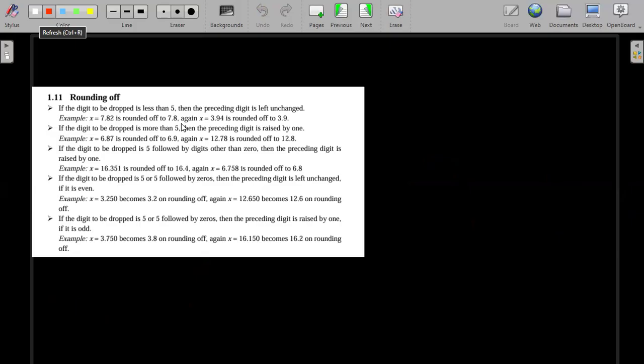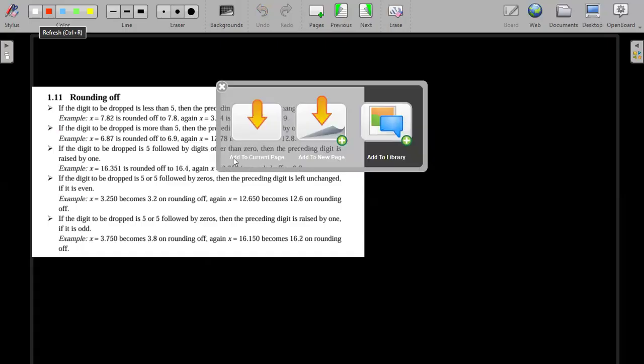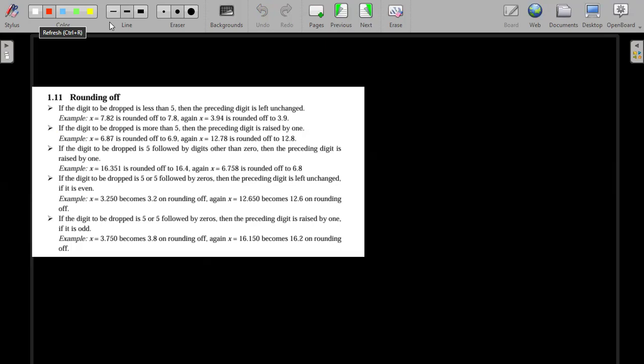The first rule we usually apply: let's say you have a number like 7.82, and they tell you to write this number to 2 significant figures. The first thing you do is drop the 2 here so that you remain with a 7 and an 8.